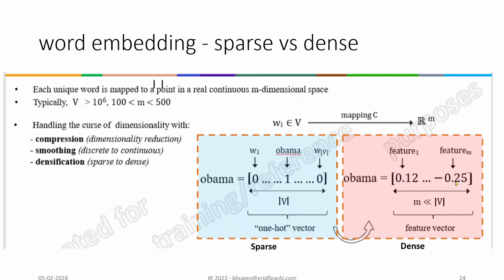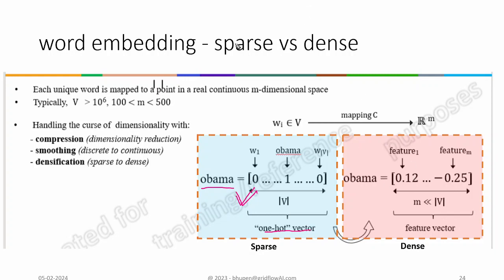So essentially the word embedding should be, or is, a dense representation. For example, comparing here, let's say the word is Obama. If you use one hot encoding or bag of words representation, TF-IDF, or count vectorizer, you will get this kind of representation with most of the values 0, and only some of the values in the vector being non-zero. For example, this is the one hot representation for Obama.